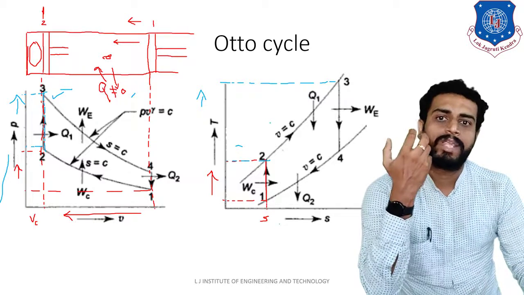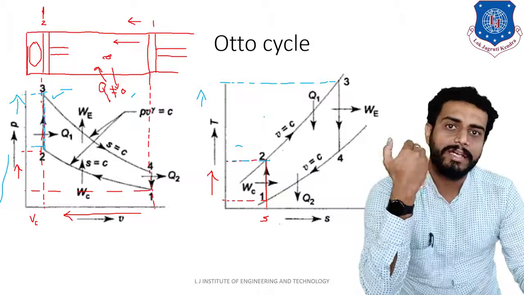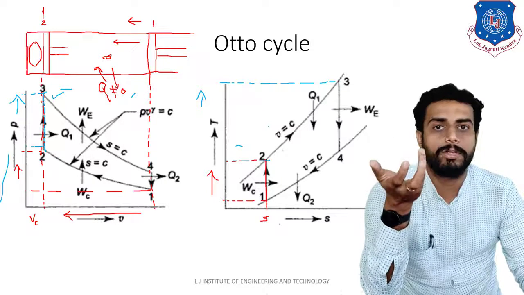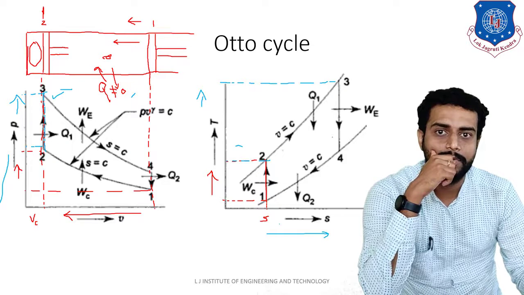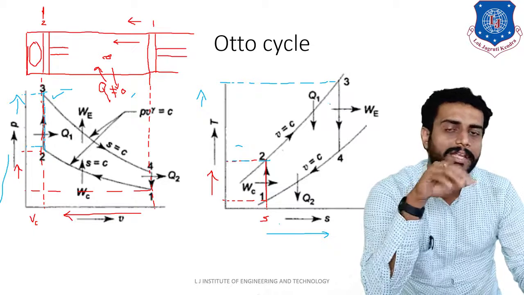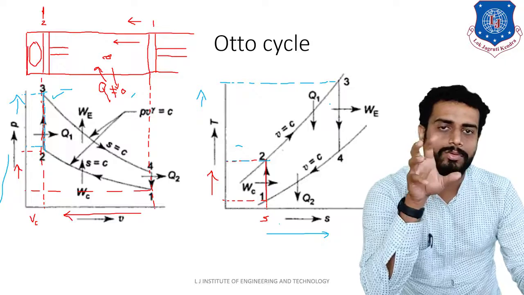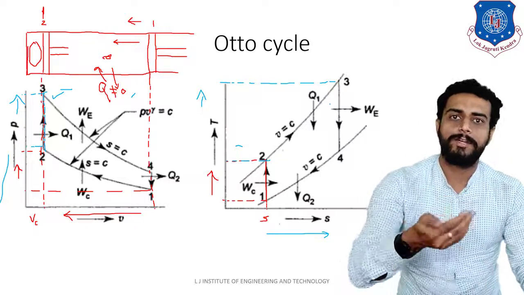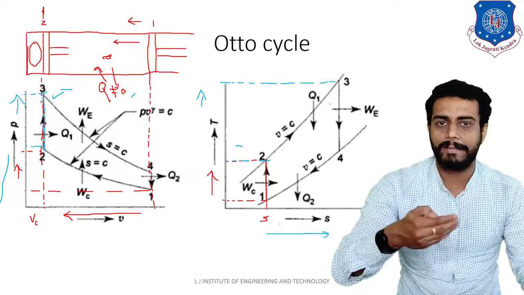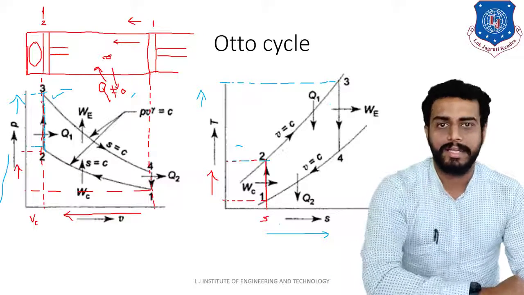And obviously, if you increase the temperature, then entropy will also increase. That is why you can see on the x-axis that during the 2 to 3 process, the entropy will increase. So you can appreciate, students: if you decrease the temperature, entropy will decrease; if you increase the temperature, entropy will increase.